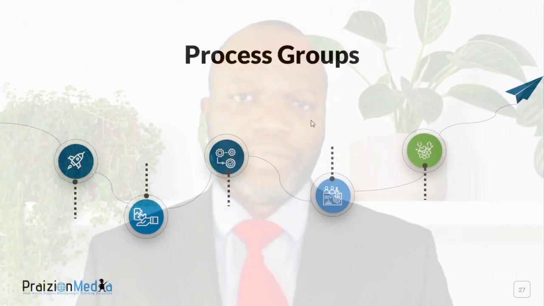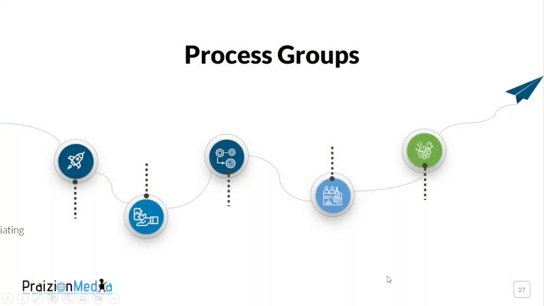Project management can be broken down into five groups of processes. In the world of the Project Management Institute, the body behind this exam, these are called process groups. There are five process groups. There's initiating, planning, executing, monitoring and controlling, and closing.